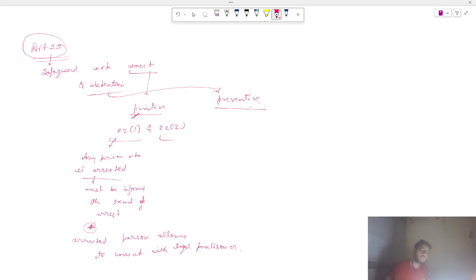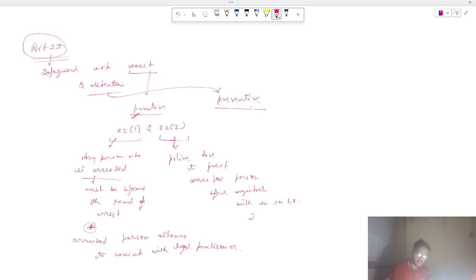Article 22 clause 2 says that police have to present the arrested person before a magistrate within 24 hours.